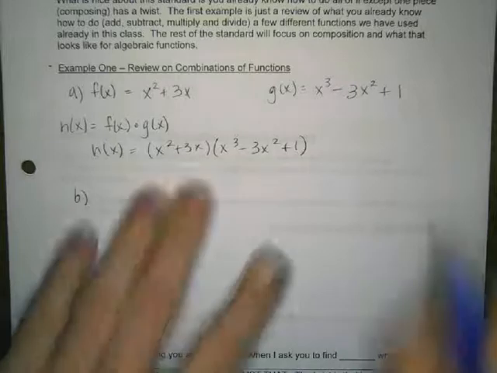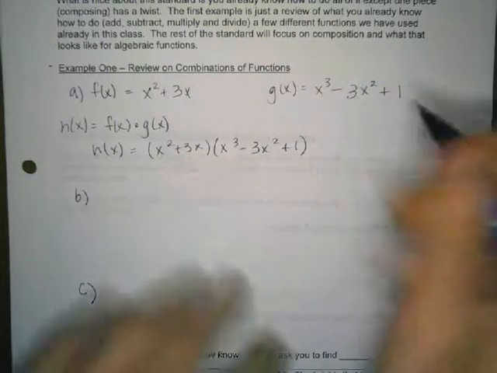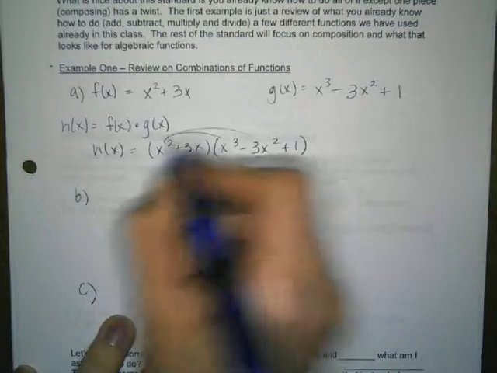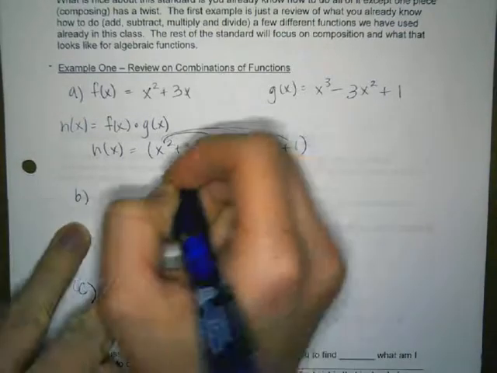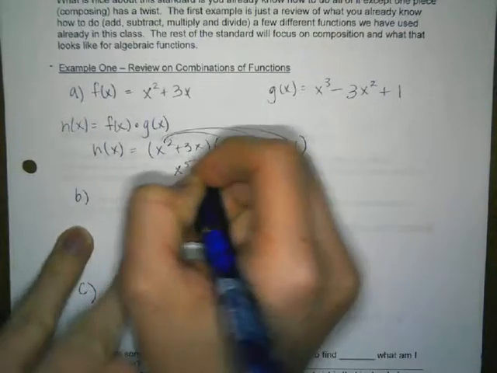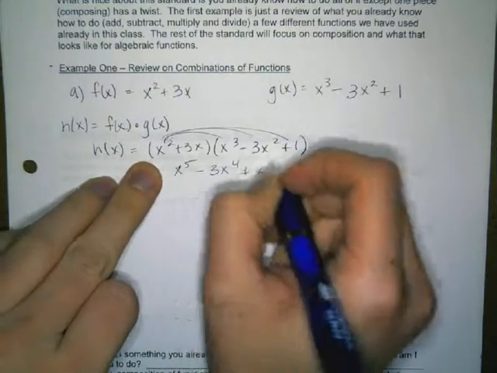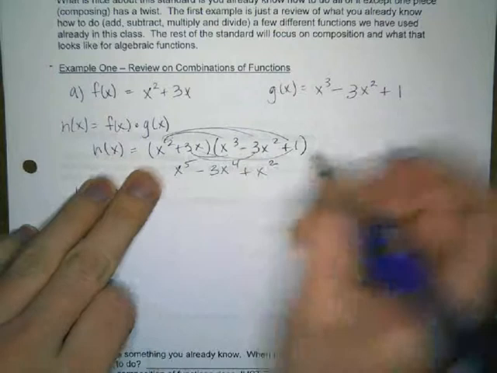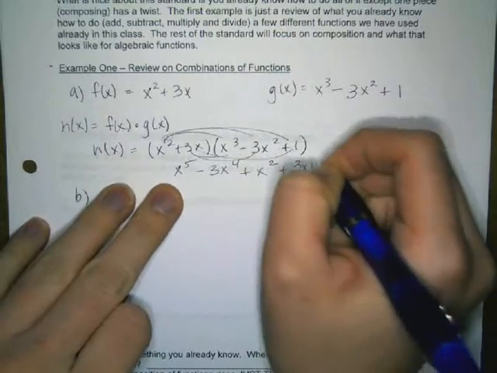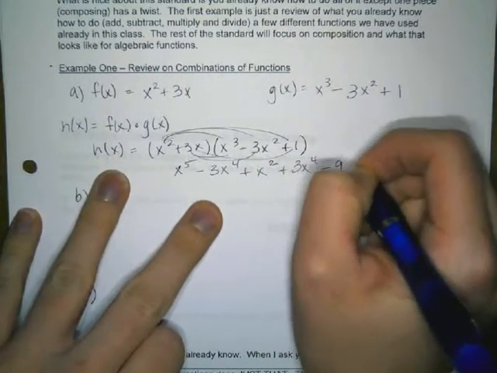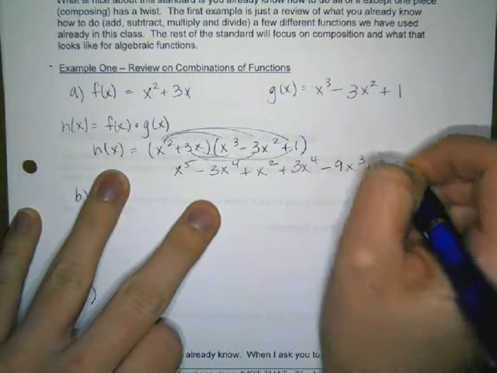So let's go ahead and do that. Simplify. We get x to the 5th minus 3x to the 4th plus x squared. And then when I distribute 3x through, I get 3x to the 4th minus 9x cubed plus 3x.